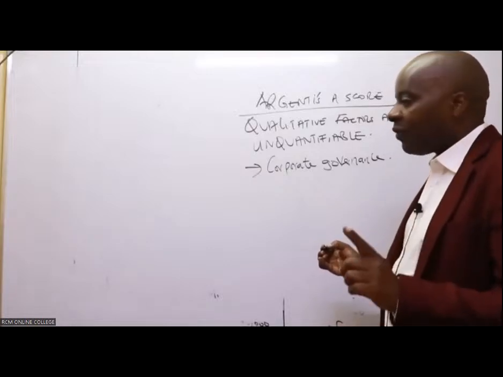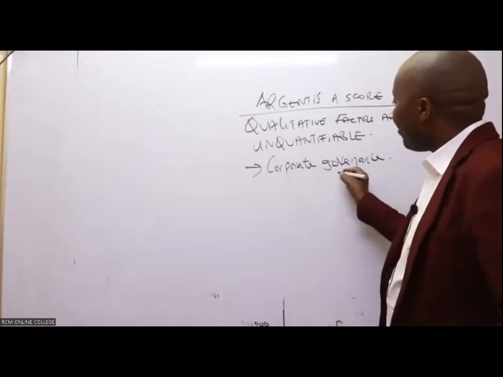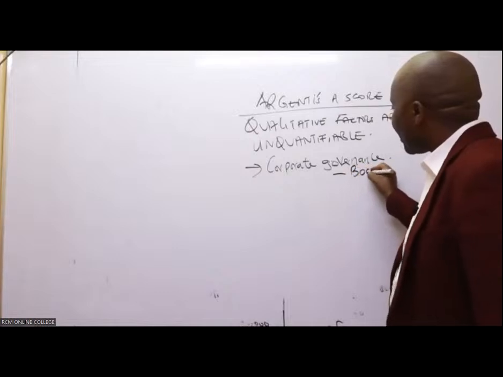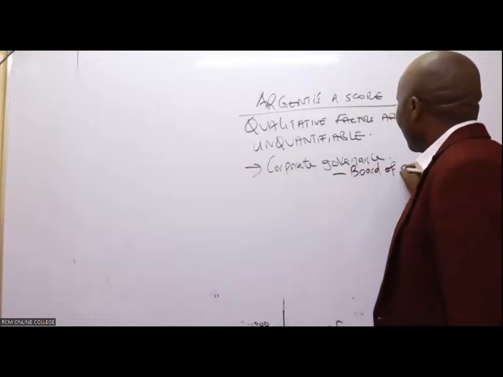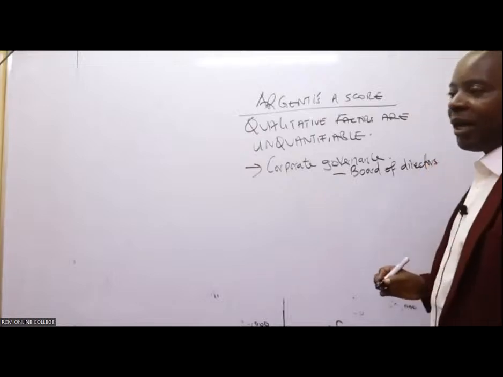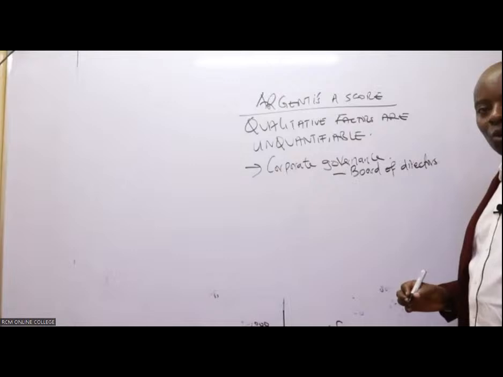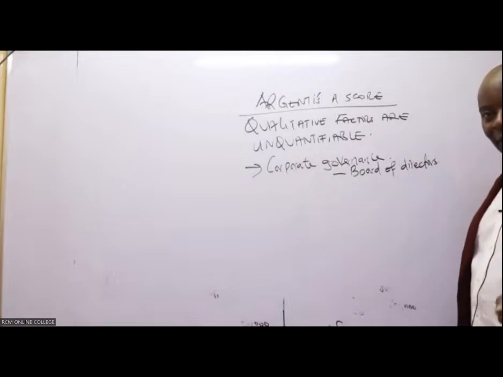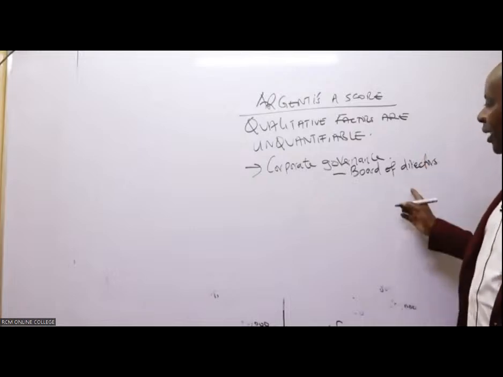Remember, under corporate governance, ladies and gentlemen, every company must have a board of directors. If you get a company that is being run by a single man show, then that company is defective. That company will go down. So your board of directors must be present.